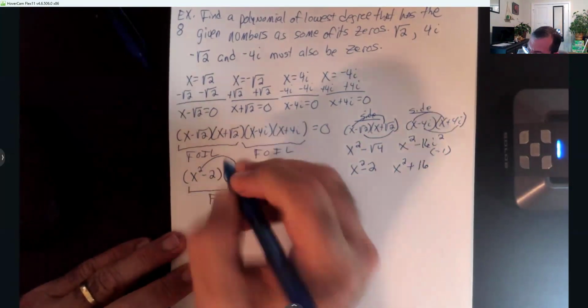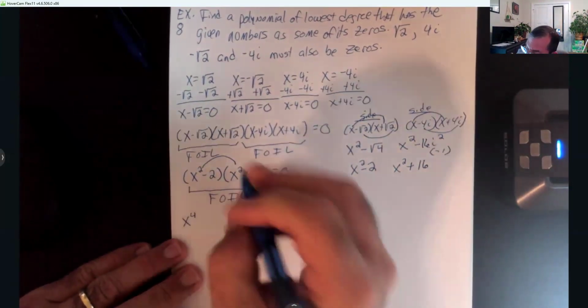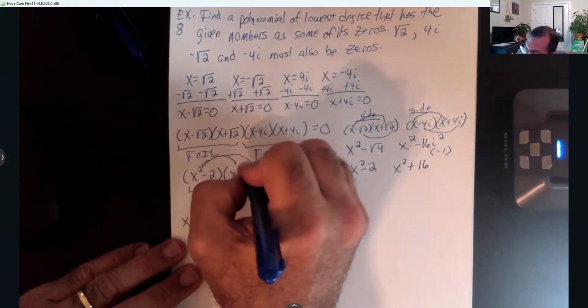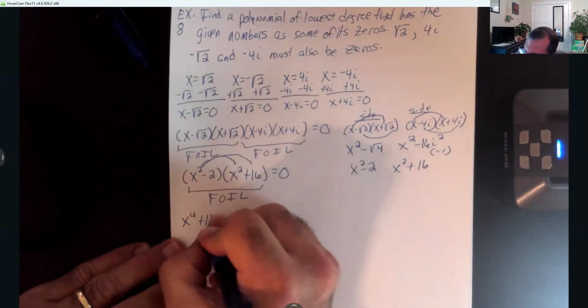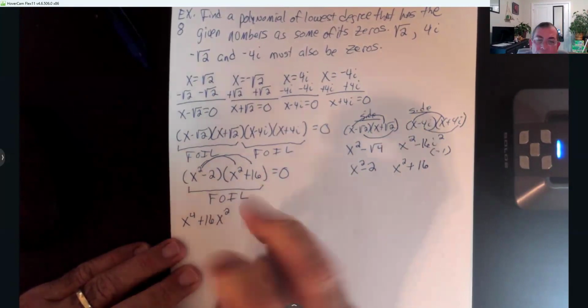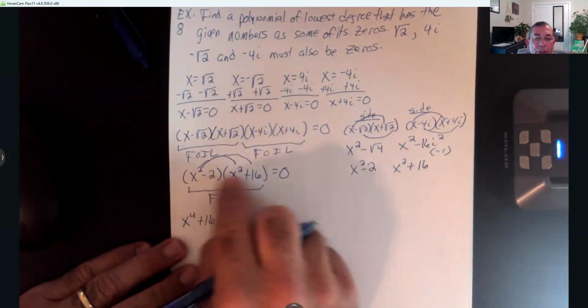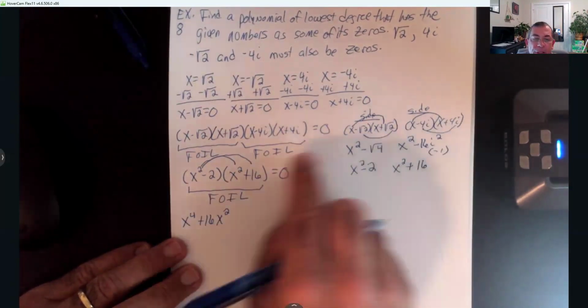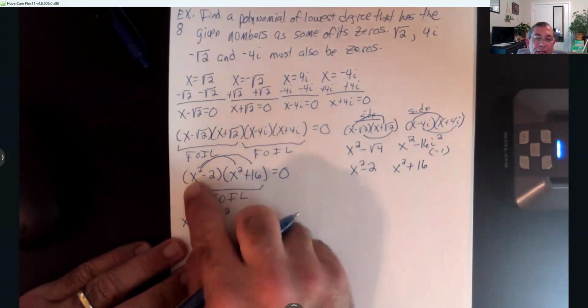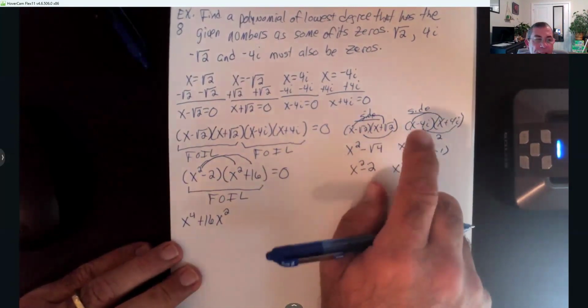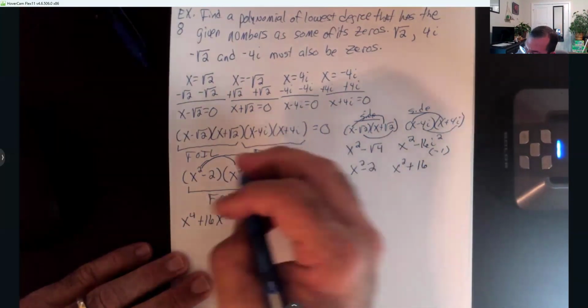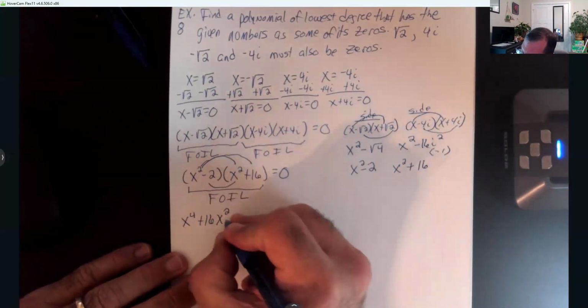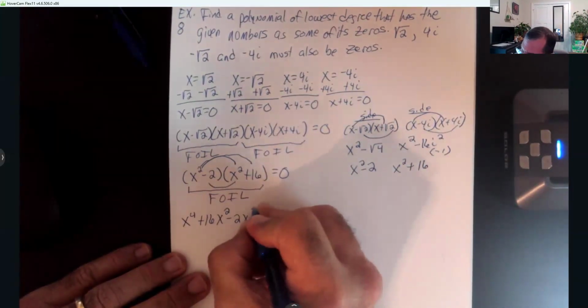X squared times x squared is x to the 4th. X squared times 16 is 16x squared. Now notice, I'm not shortcutting these ones like I did the conjugates because this stuff don't cancel out quite like those did, okay? All right, y'all, here we go. Negative 2 times x squared is a negative 2x squared.